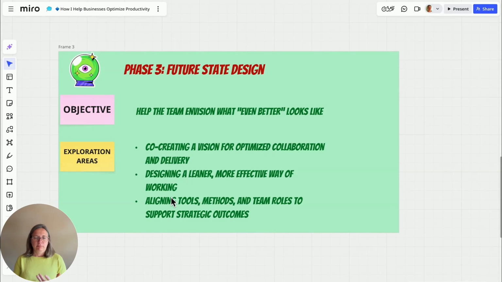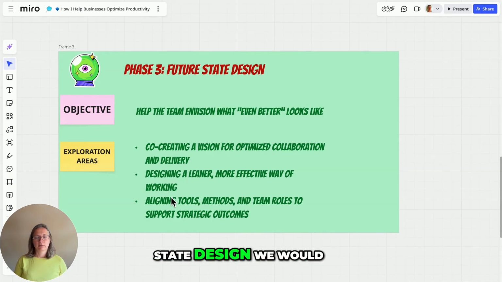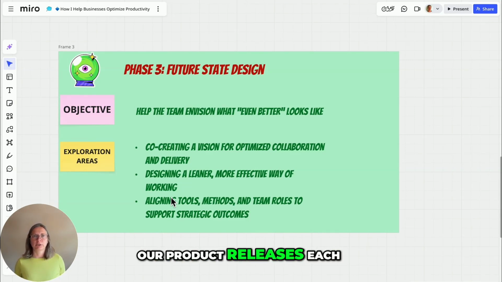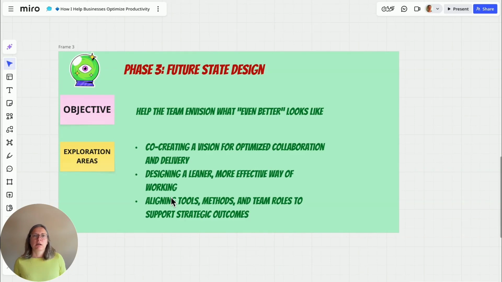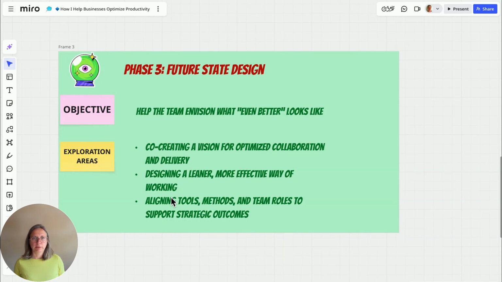The how would be what the team would design, but through the future state design, we would put that definition of a future state together. An example could be: in the future, we want to ship our product releases every 6 weeks or every 10 weeks. In the future, we want to have our customers' ticket response time decreased by 50%. Those are some examples of how you could approach it.